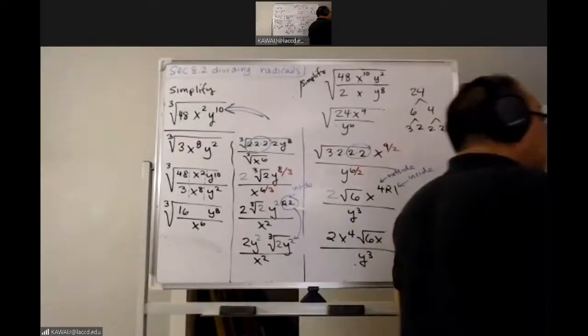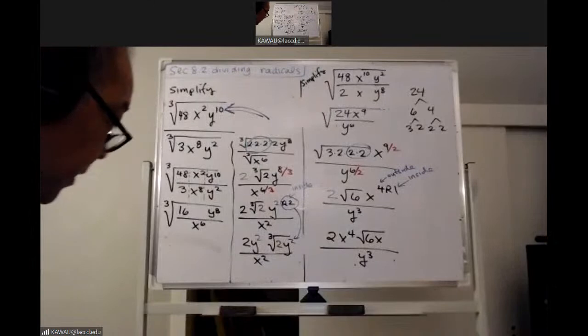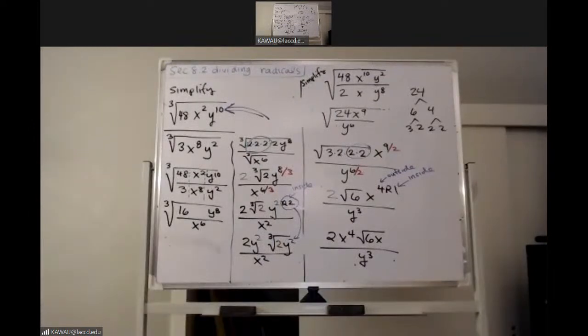Okay, now 8.3 is weird. It's important. It's going to show up a lot in calculus, and it's a way to connect radicals and exponents. Okay, so let's look at 8.3.